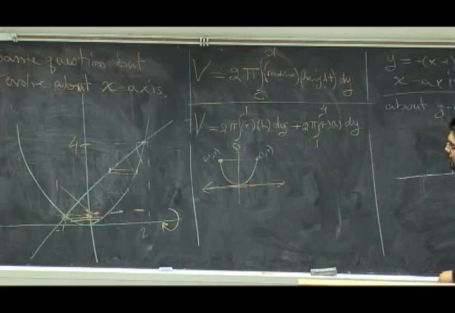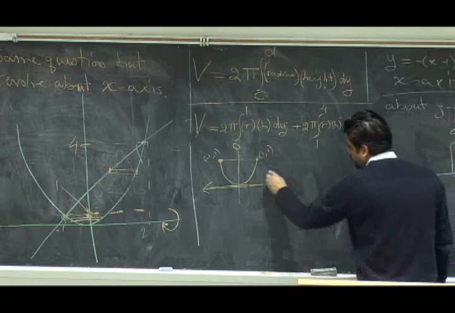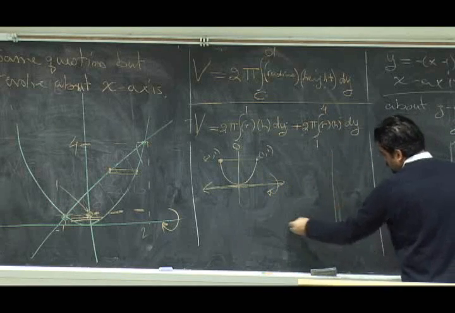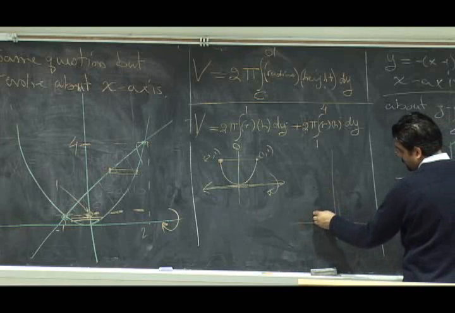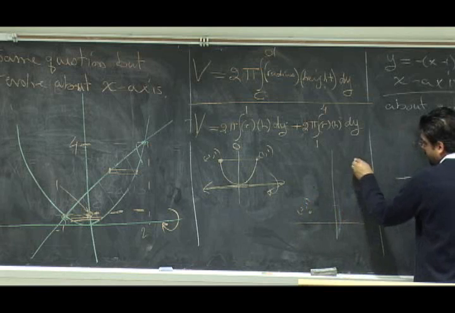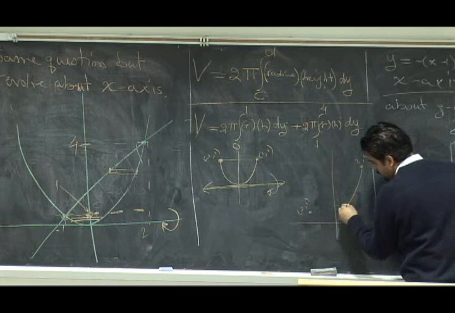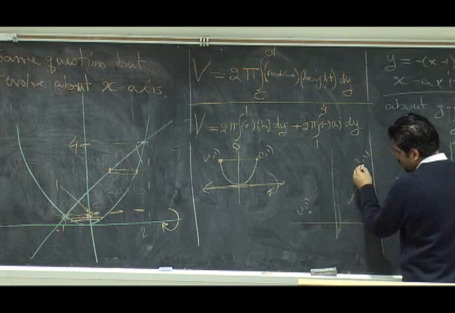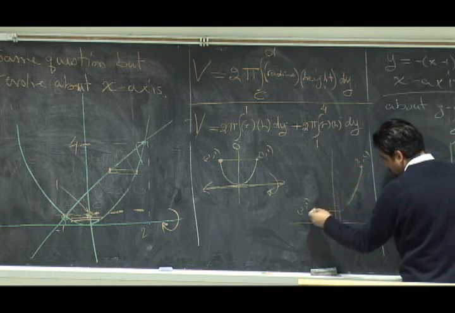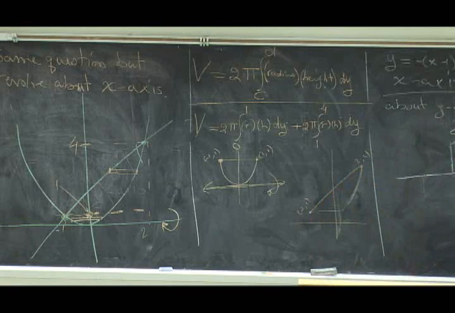That's for that integral, and we're revolving this about the x-axis. This picture is this one. Again, this point is -1, 1. This point is 2, 4. That's this region over here.